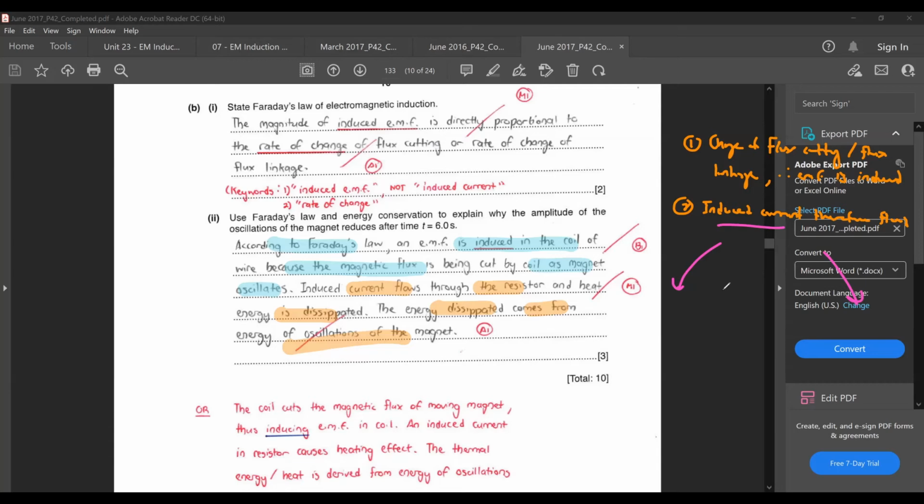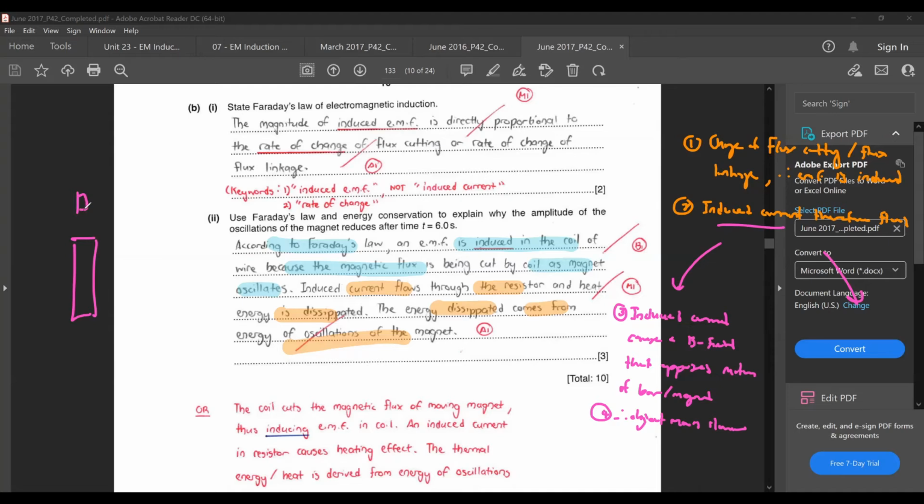If you're talking about induced current, sometimes you will notice they say the induced current causes a magnetic field that opposes the motion of the bar or magnet. Then after that, therefore, the object moves slower. This one is like the example we did in the last lesson.